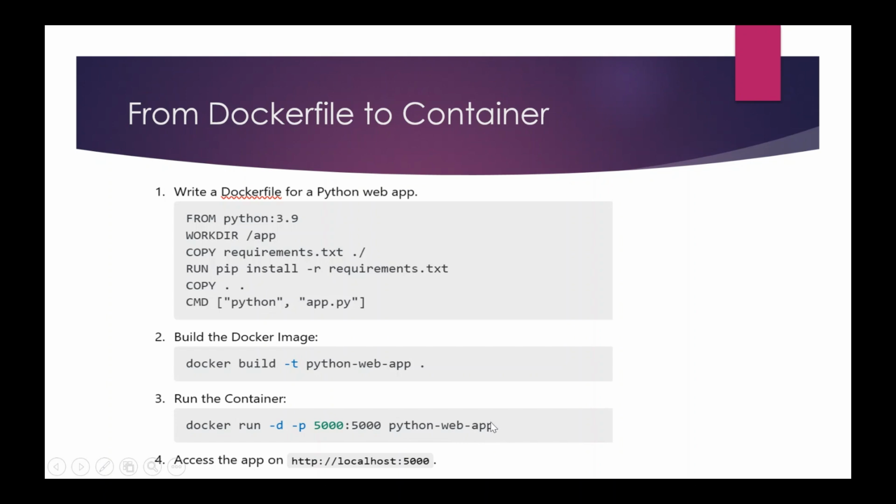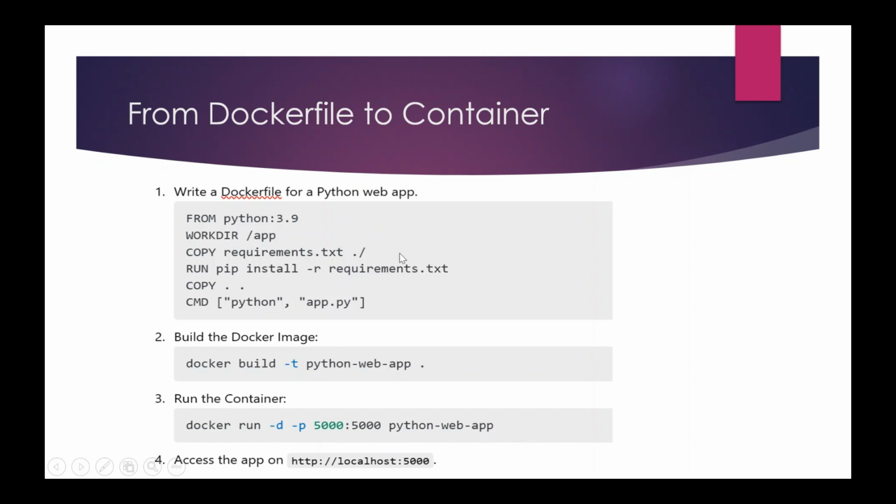If you are not specifying the full image name here, it will just go ahead and search in Docker Hub. If your image is not found in Docker Hub, it will fail. So make sure you are specifying the full image name if you are using a private repository, or you are pulling the image to your local machine before running this command.